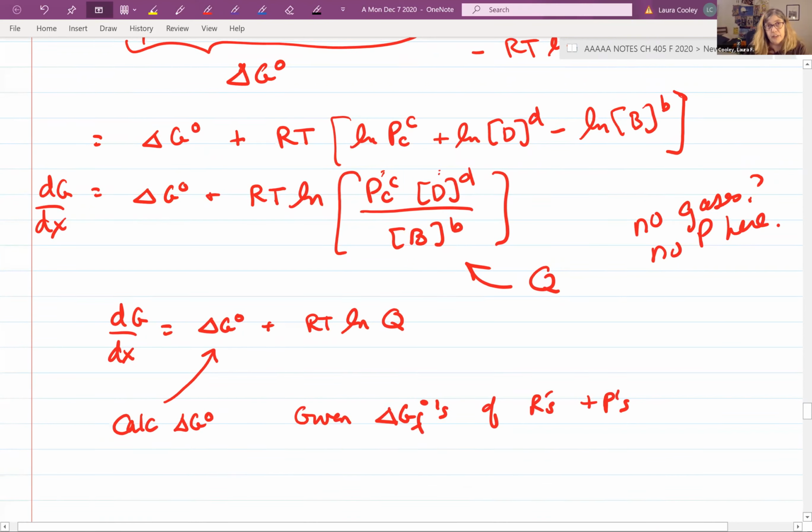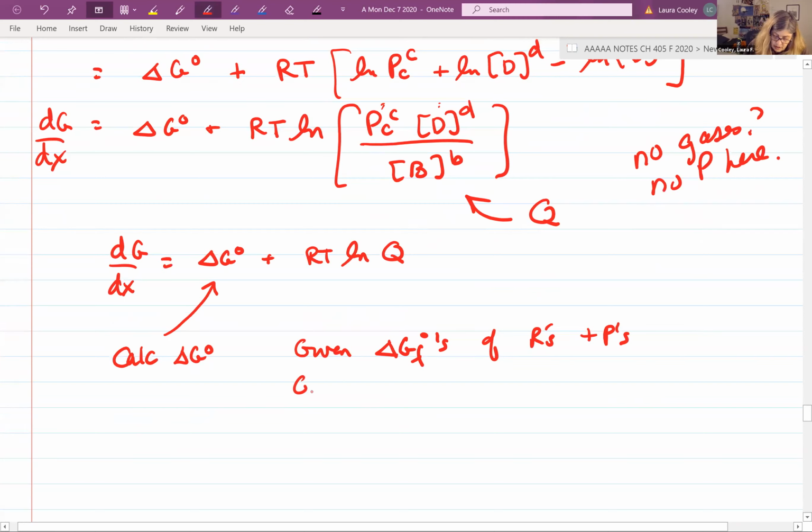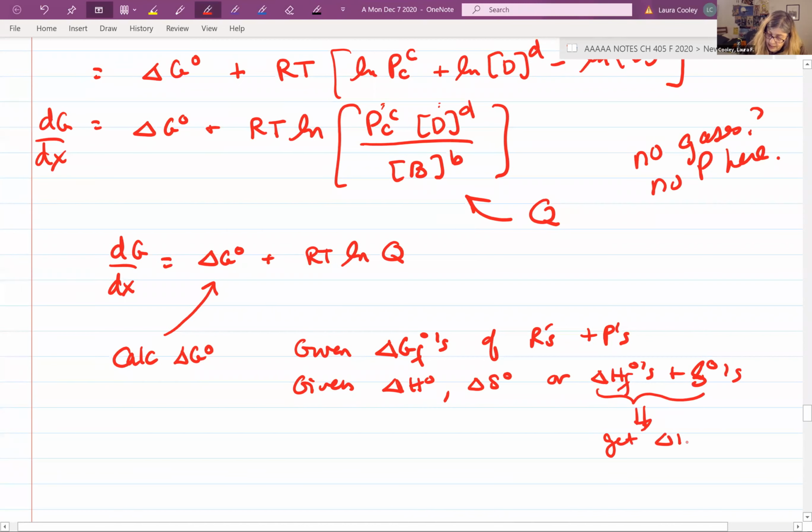So that's one very good way to get the delta G. You could be given the delta H0 and the delta S0, or delta HF zeros and S zeros, to calculate those deltas. So you would use these to get the delta H and the delta S. And then you'd use delta G is delta H minus T delta S to get the delta G0.